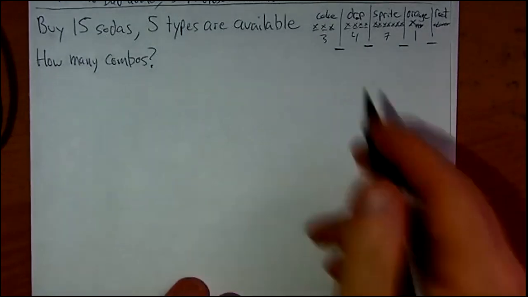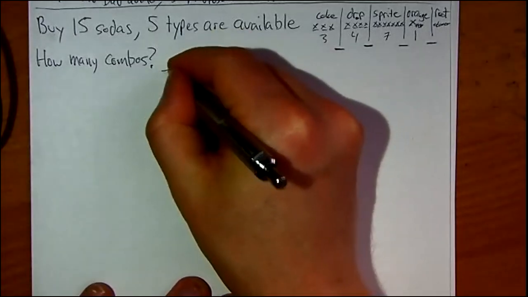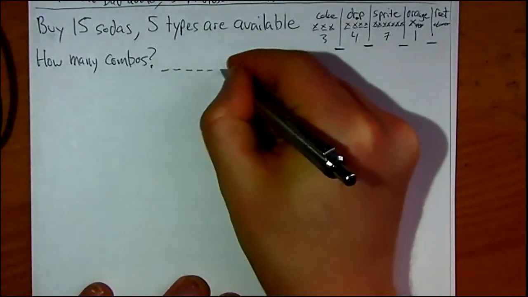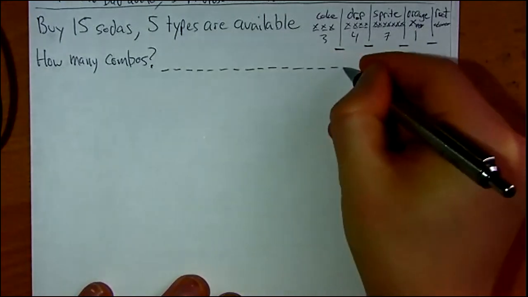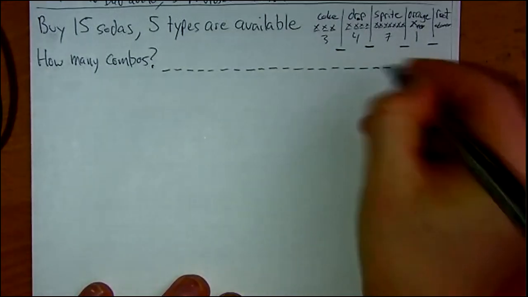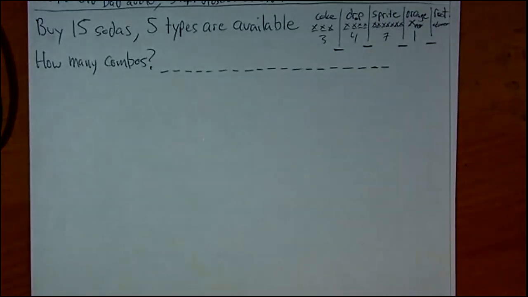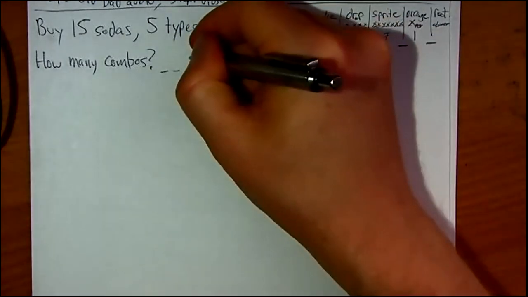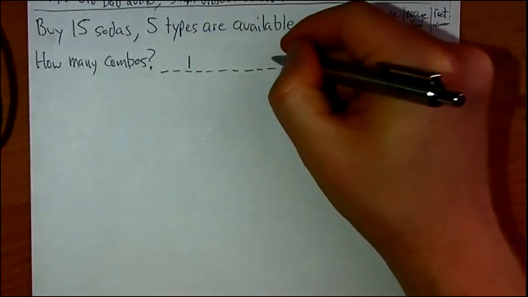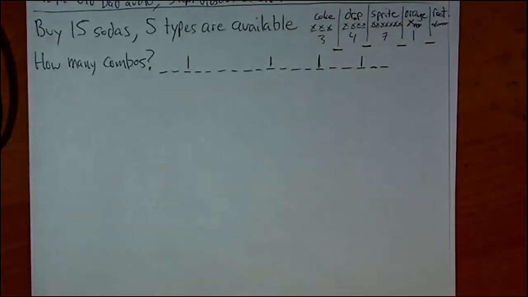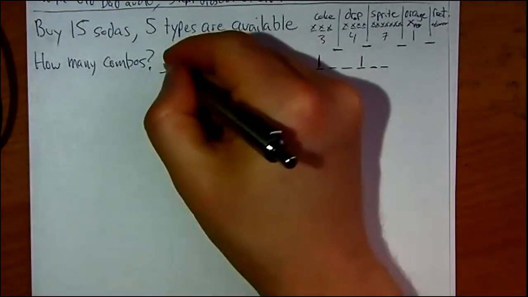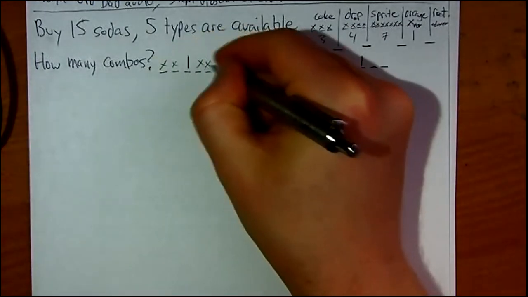So really what I'm asking is, if I have 19 slots, how many ways can I arrange the dividers, right? I could put 1 here, 1 here, 1 here, and 1 here, which means all of the rest of these are sodas.